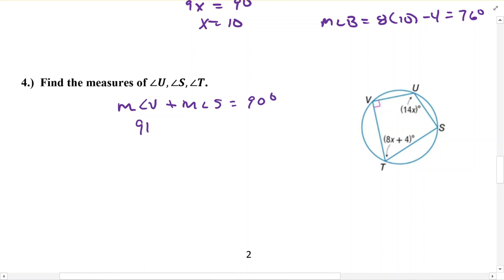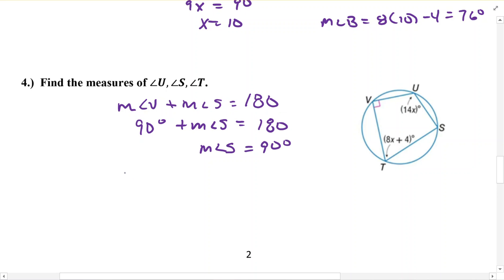Well, the measure of angle V is 90 degrees. We add the measure of angle S, and that will give us 180 because they're supplementary. That gives us that the measure of angle S is 90 degrees.